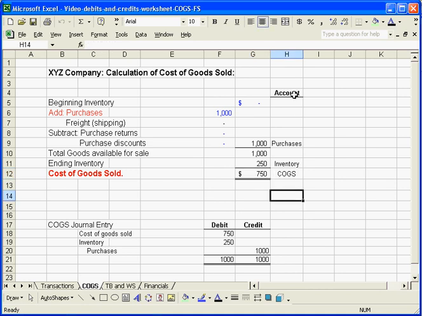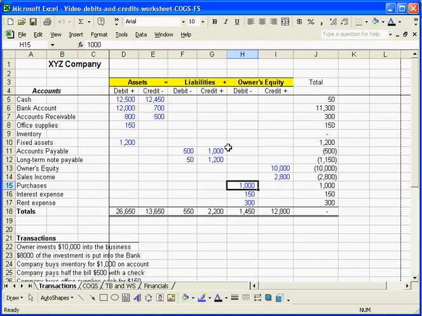The reason I put this account column here is that it shows you what account we're going to post this information to. Once you've set up this little formula and calculated your cost of goods sold, the next thing you want to do is come down and create a journal entry that you are going to include not on this worksheet here.